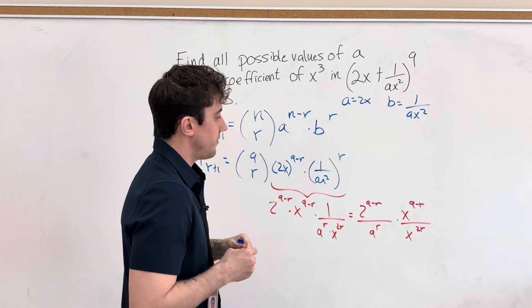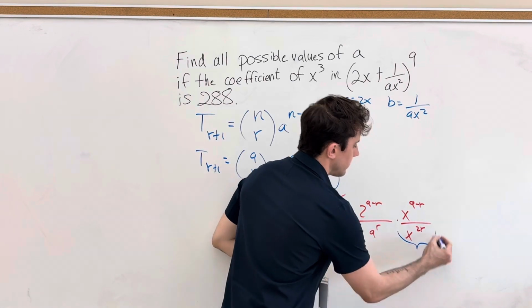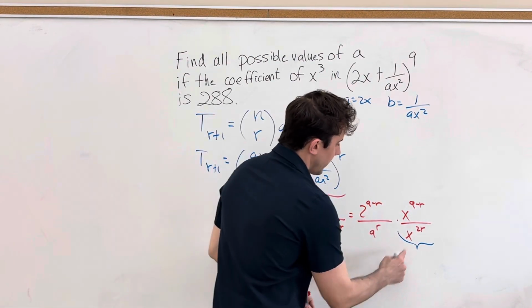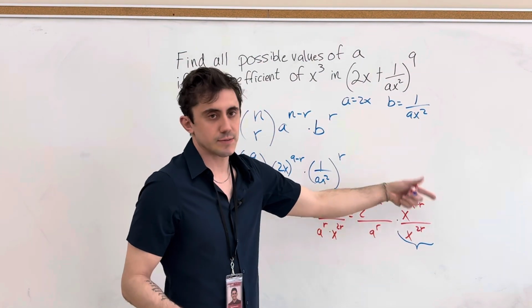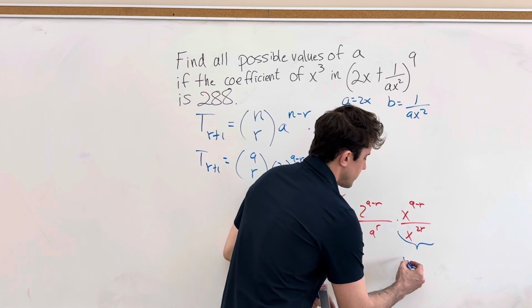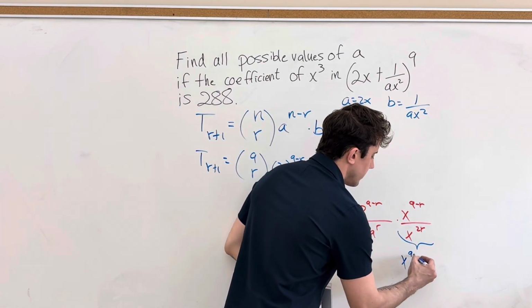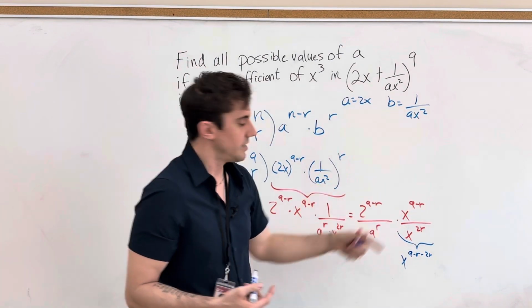And so if we focus on this part of our expansion, by exponent laws, when we divide terms with the same base, we can subtract the exponents. This produces an x to the 9 minus r minus 2r. We're dividing by x to the 2r, so we subtract that exponent.